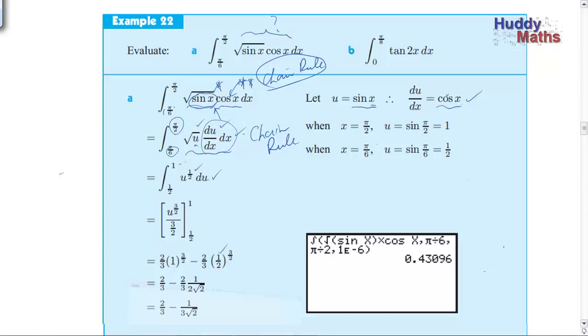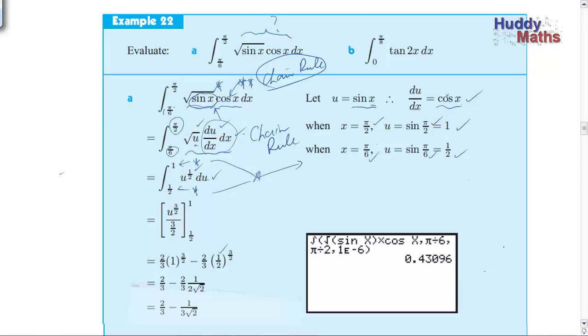Look at this though. Oh, what's happened here? If we stay in u's here, we've got to substitute x is pi on 2, the upper limit, into sine and get a u limit. And pi on 6, the lower limit, into sine and get a lower limit. So that's what these numbers are here.